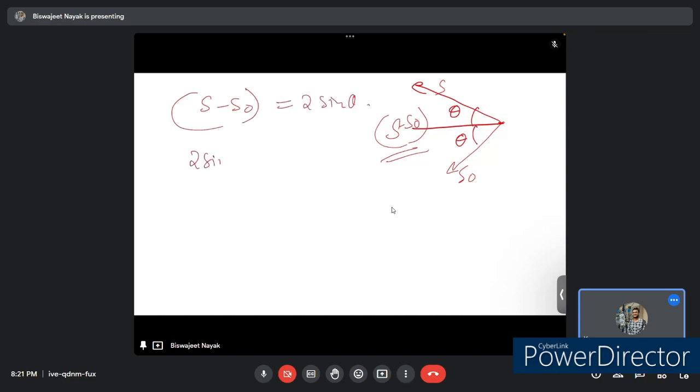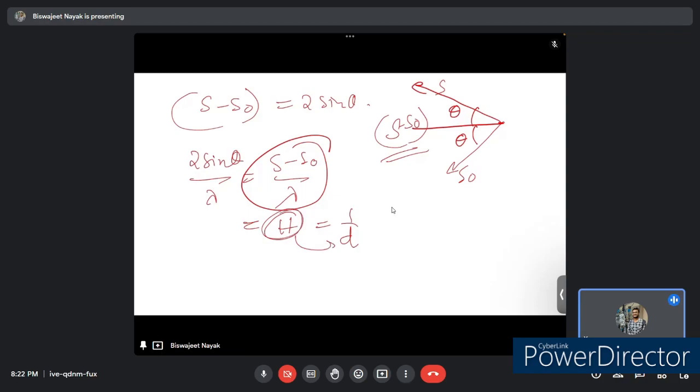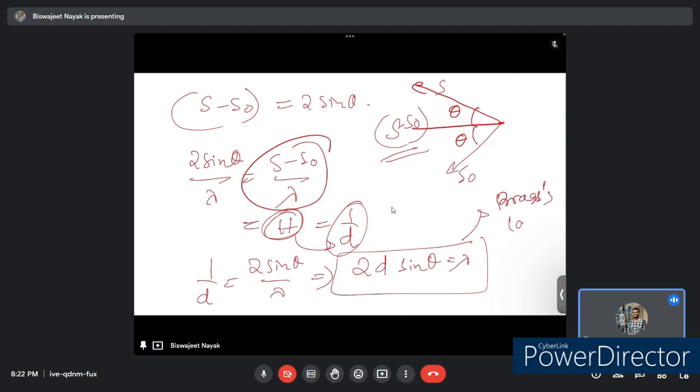As S minus S0 by lambda is given by H, and H is related to interplanar spacing as 1 by d, we can write 1 by d as 2 sine theta by lambda, which can be written as 2d sine theta equals lambda, which is nothing but Bragg's law.